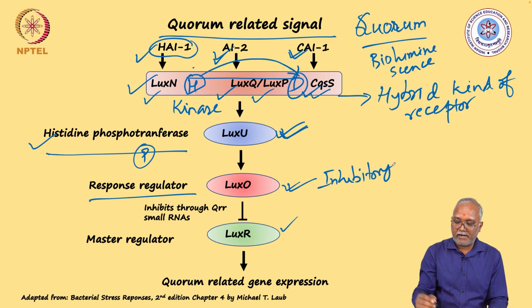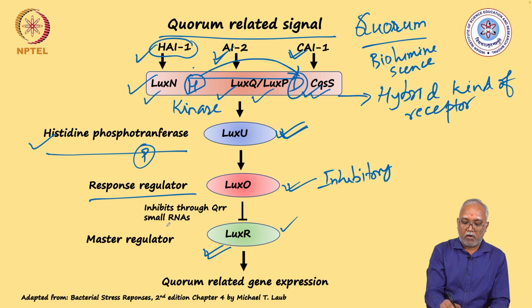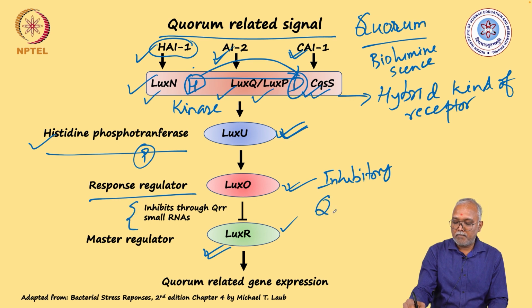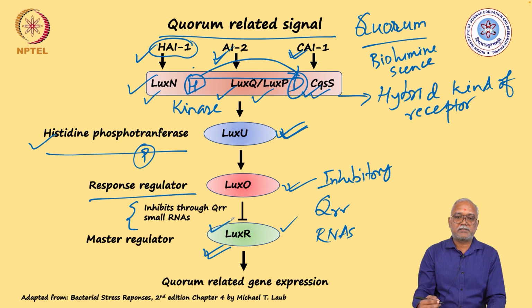I would tell why it is inhibitory, because for final bioluminescence you must activate a molecule called Lux R. This Lux R is inhibited by the response regulator activity. So what Lux O does is allow transcription of the RNA for the QRR genes. These are small RNAs which are made, and they are complementary in a manner that Lux R cannot be synthesized or transcribed.